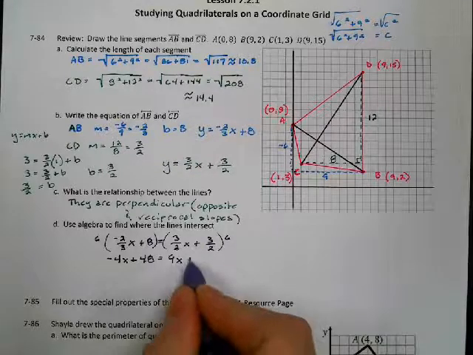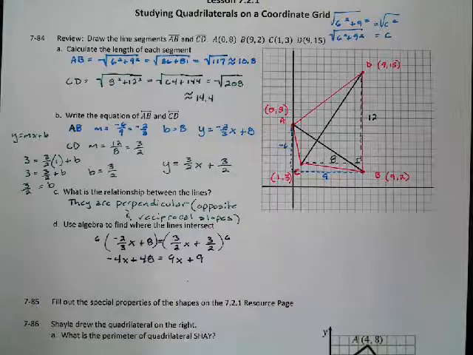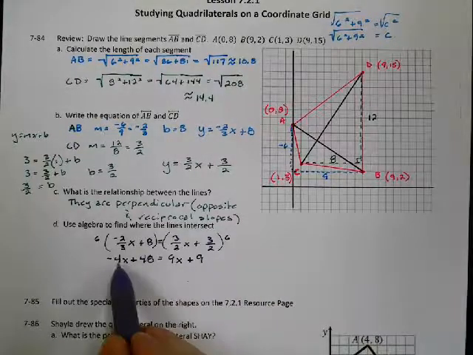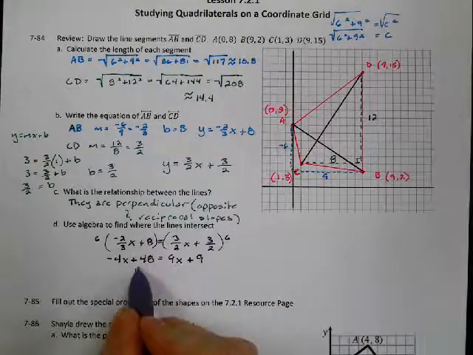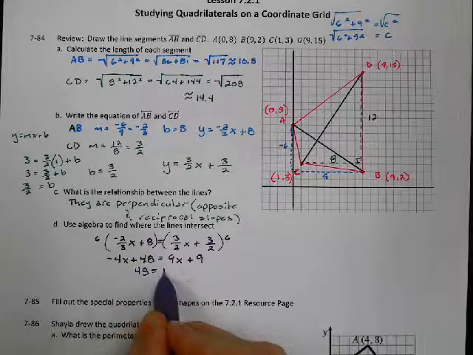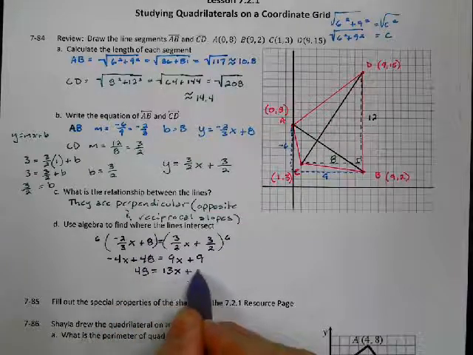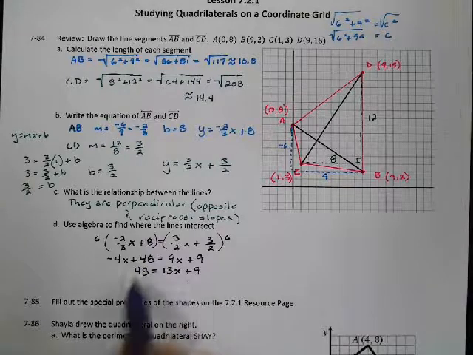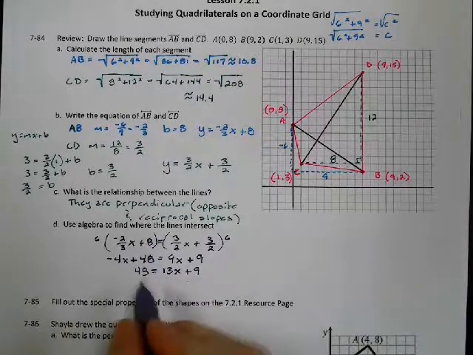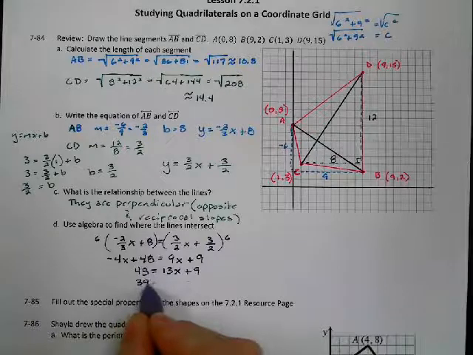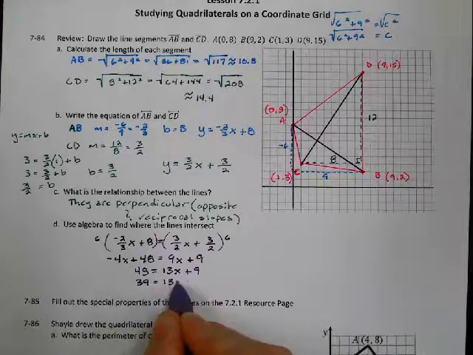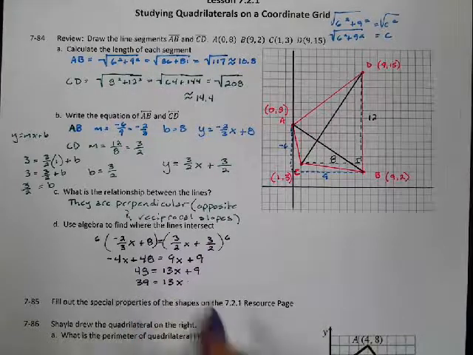All right, we don't have any fractions. That's much better. Let's add 4x to both sides. That would give us 13x plus 9. Let's subtract 9 from both sides. If I subtract 9 from both sides, I get 39 over here. Divide by 13, and I get x is equal to 3.